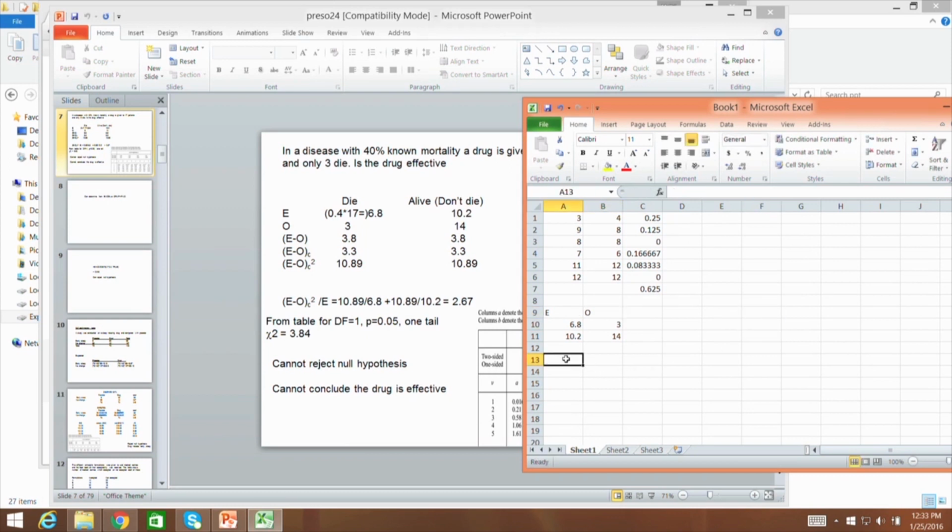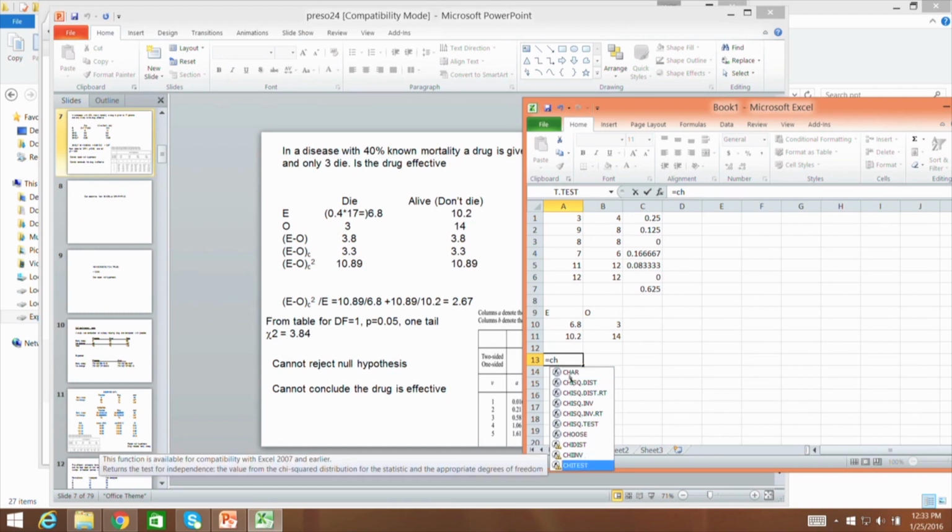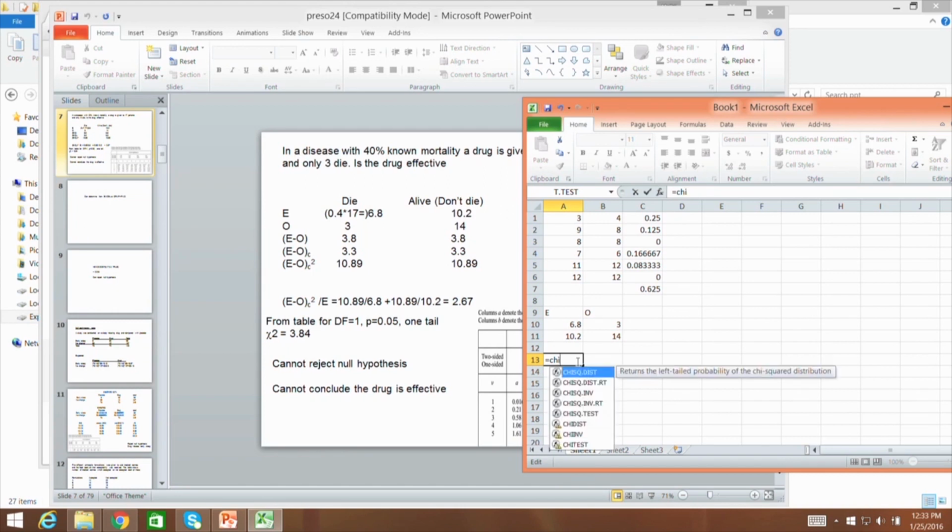So we have the chi-square test here, okay, chi-test. So we give this range, so we get it as 0.015, okay.